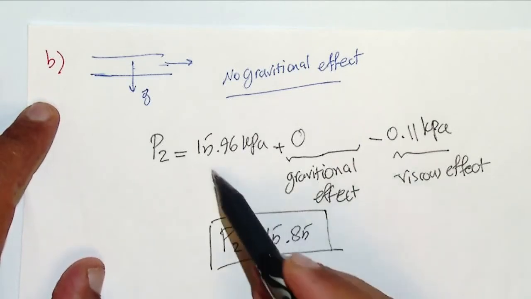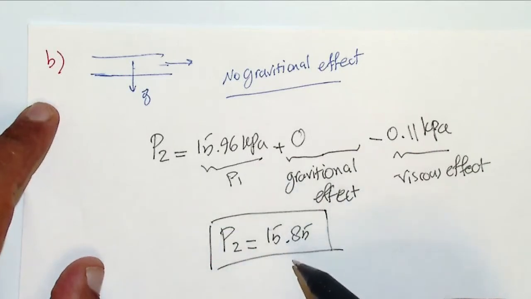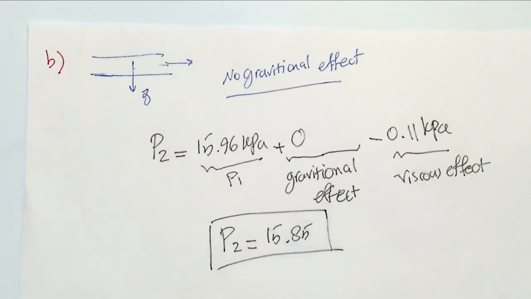It means that the input pressure P1 is higher than P2. Because the average velocity is in the same direction and it's a horizontal pipe, you don't have any gravitational effect here, but you have loss because of viscosity in the artery. That's why P2 is less than P1.